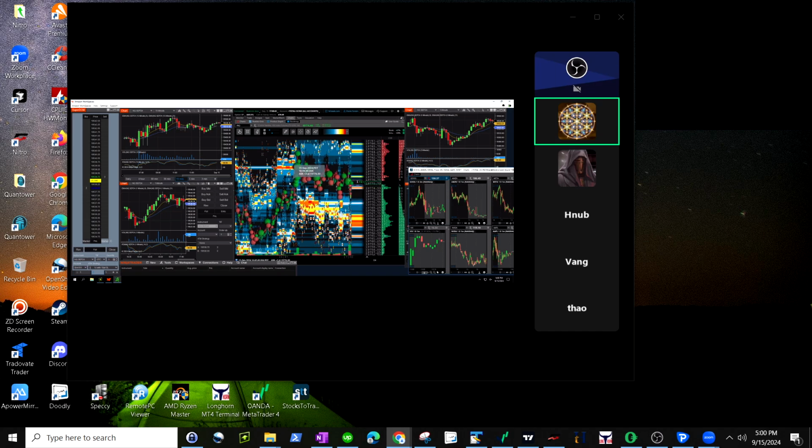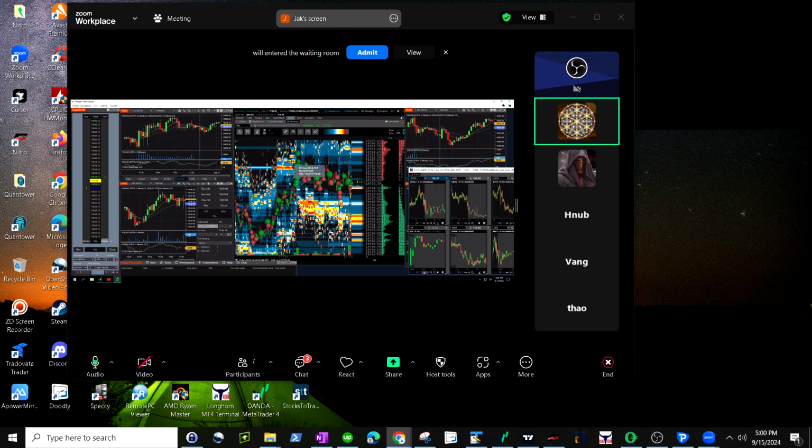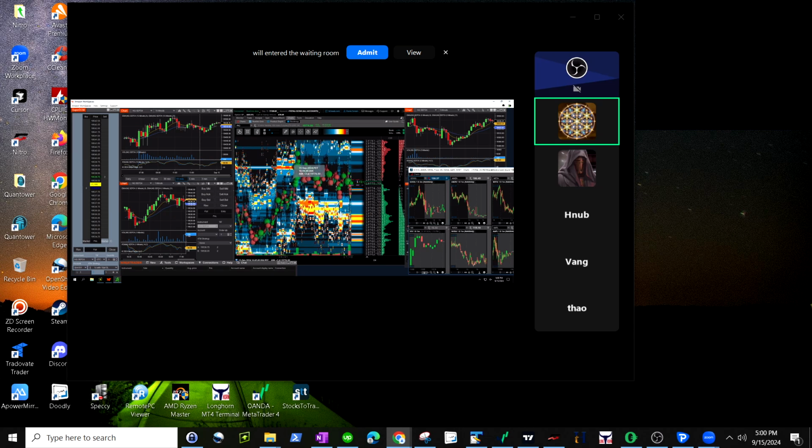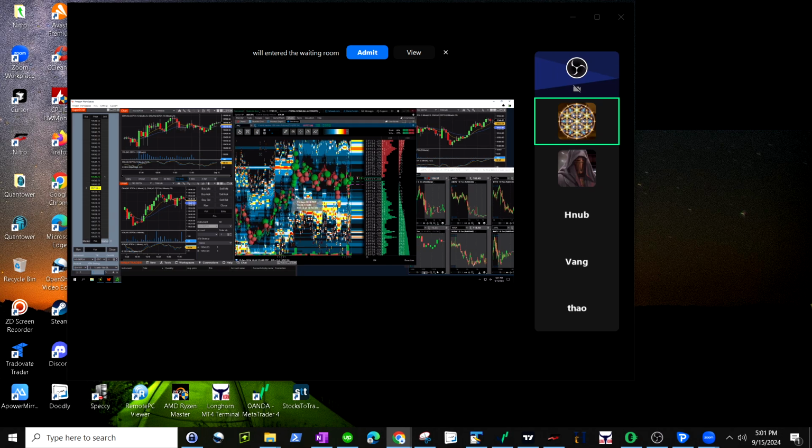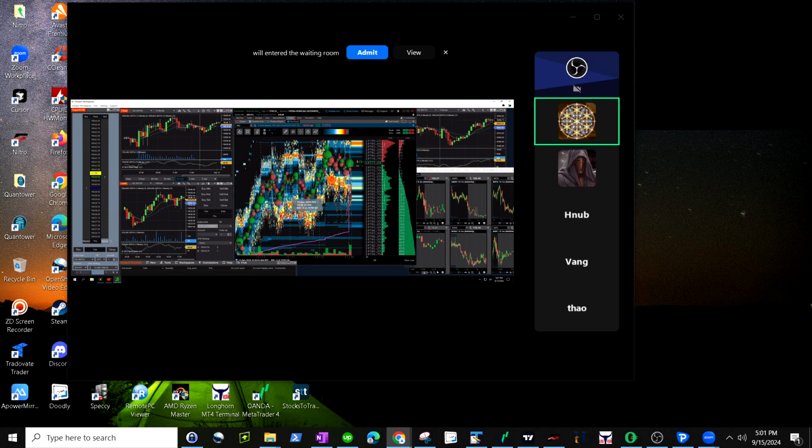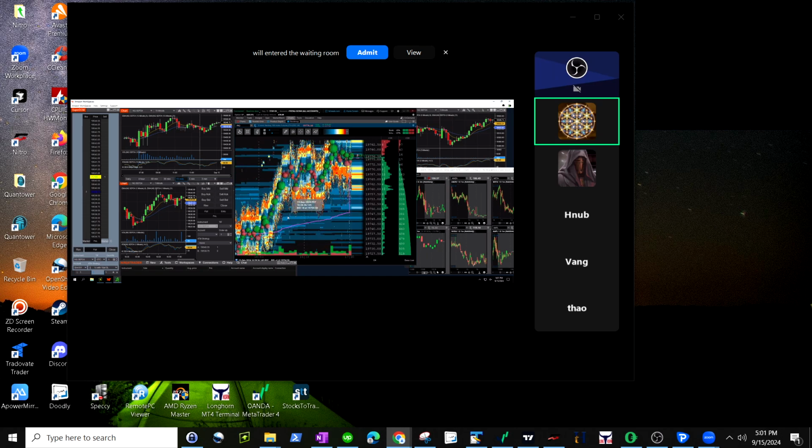I would add some horizontal support and resistance, such as ICT, because you don't want to have this thing climb all the way up to a resistance and still buy, or on a larger time frame. If you do this at those support and resistance levels, I think it should work very well.